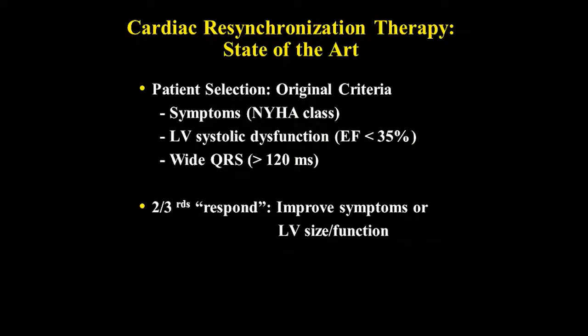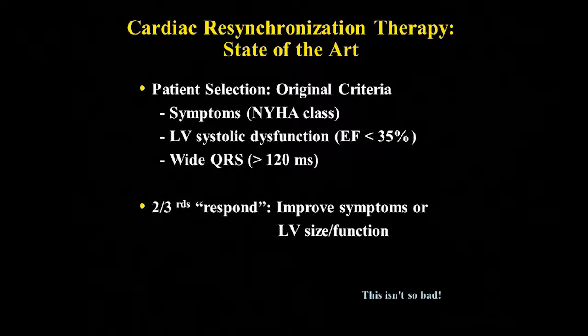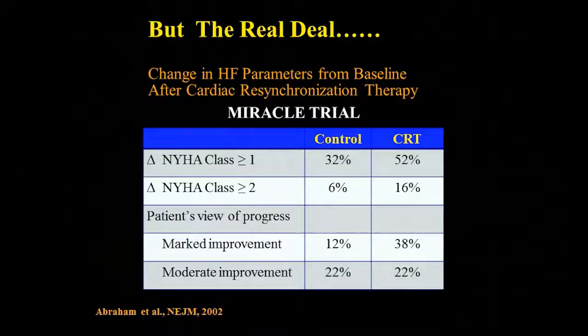Okay, so if we just look at the way the guidelines work, this is the current state of the art. Patient selection is based on patient symptoms, LV function, wide QRS, and randomized controlled trials have suggested that at least 2/3 of the patients respond in some way, that is either improvement in symptoms or improvement in LV function, which isn't too bad.